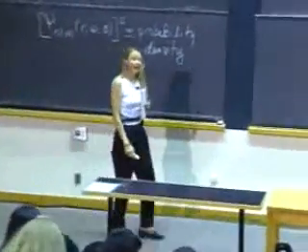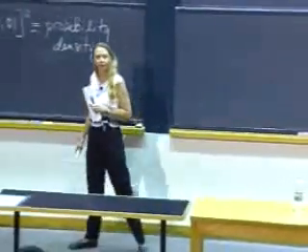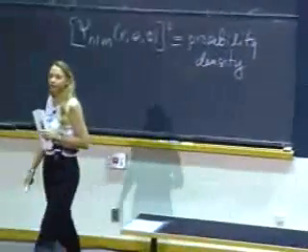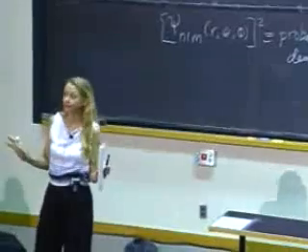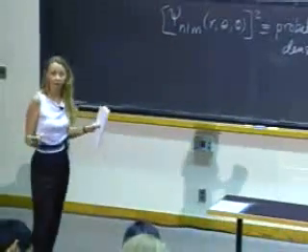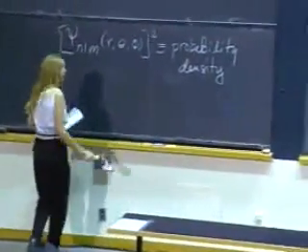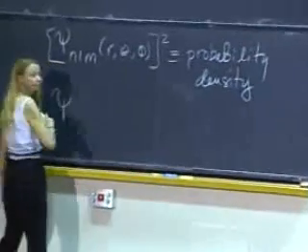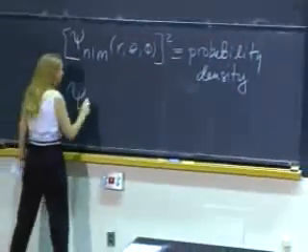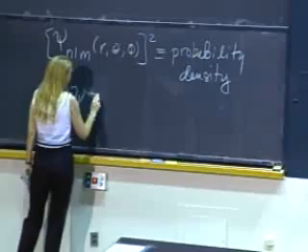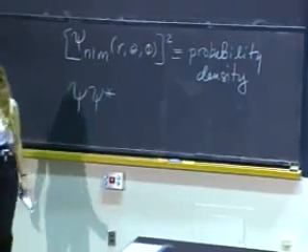Now, as an aside, because someone asked me, I should tell you that the more comprehensive definition of the probability density is not psi squared, but psi times psi star, where psi star is the complex conjugate.